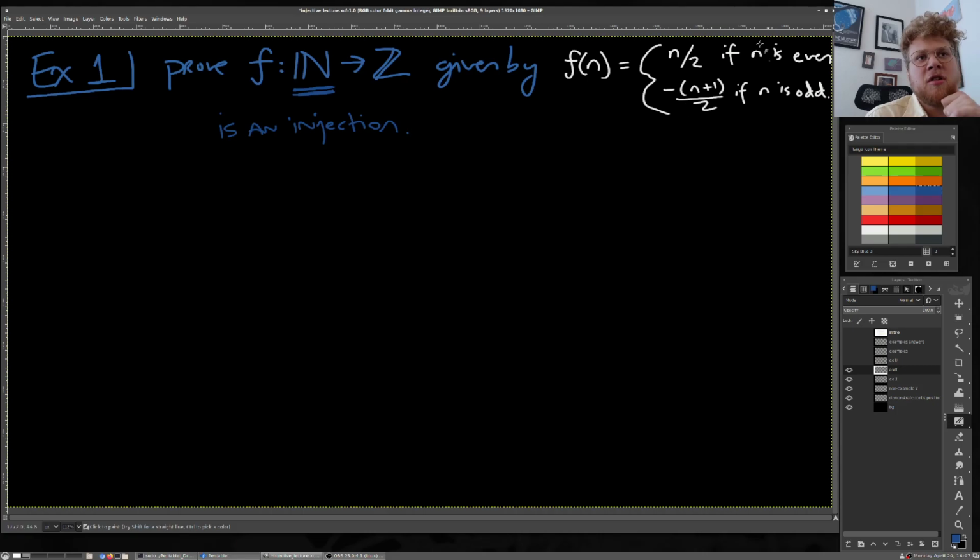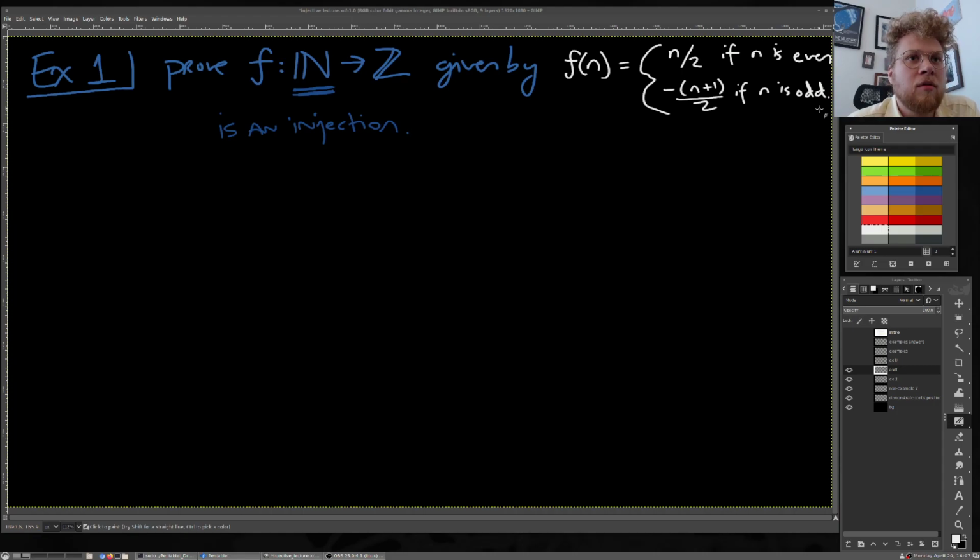Or are there some elements of the domain where maybe both of these would apply? Moreover, if n is a natural number, can we always divide by 2 here? It's an important thing to do, and I promise that when you take future classes, for example abstract algebra, you will prove functions are injections.